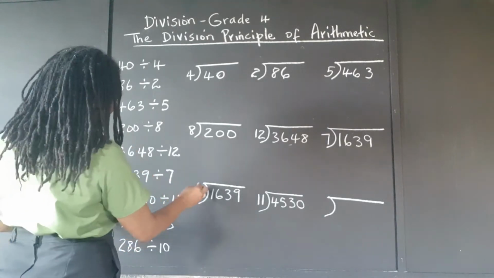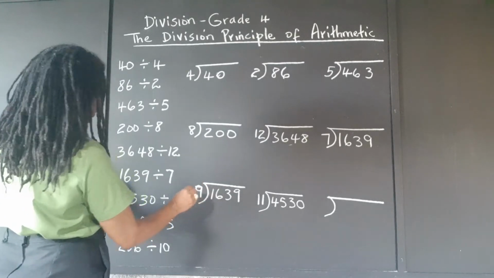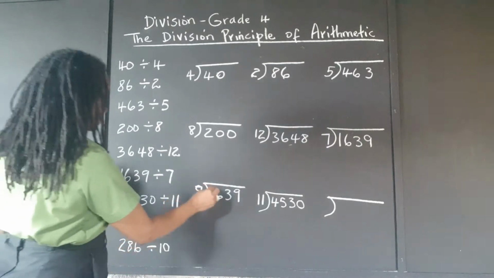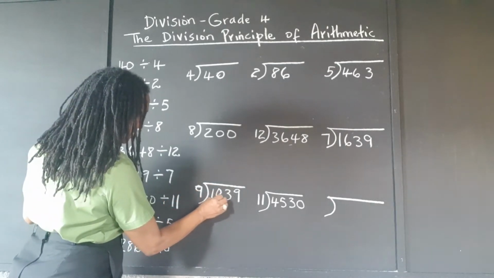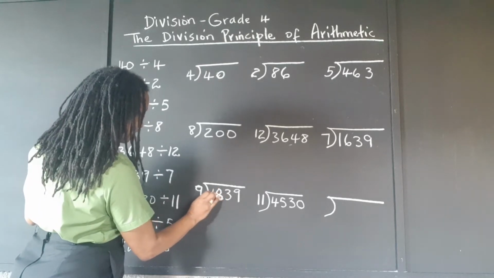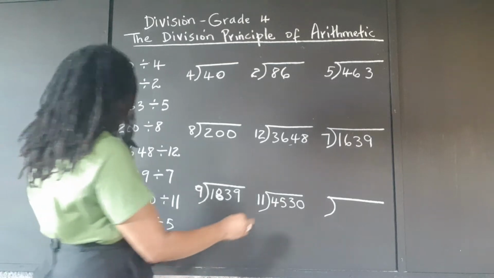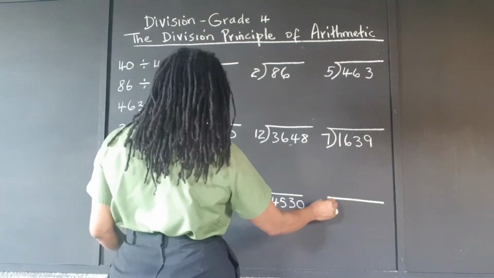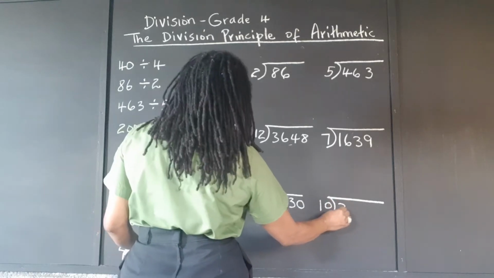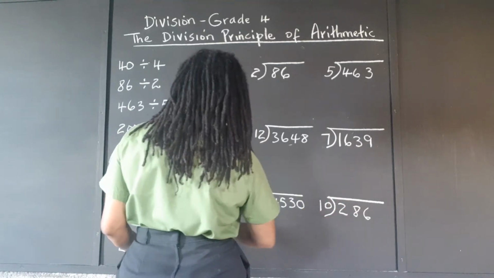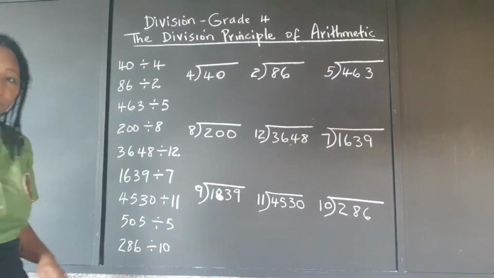Alright, let me just change this then to 9, since I repeated that one. Change that to an 8. Alright, so we have 8, and we have 5. Alright, let's do this one. 2, 8, 6. Alright, so let's go then.